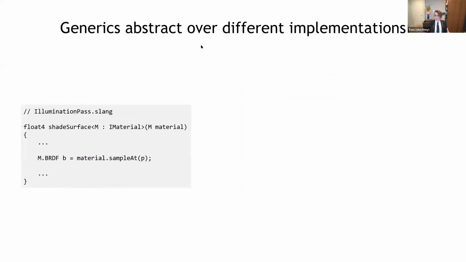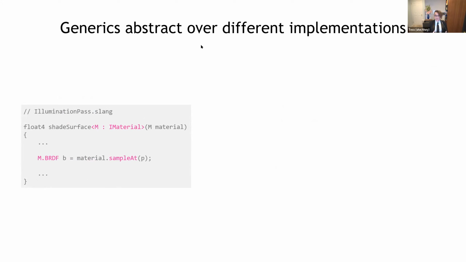The next step down this road, obviously, is to have generics. Generic functions, like the one on the left here, allow us to abstract over these different implementations of a feature. So here we have our surface shader example again, but in this case, it's able to abstract over any type M that implements our material interface.